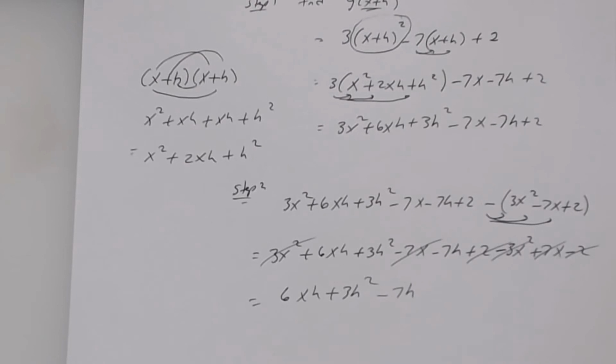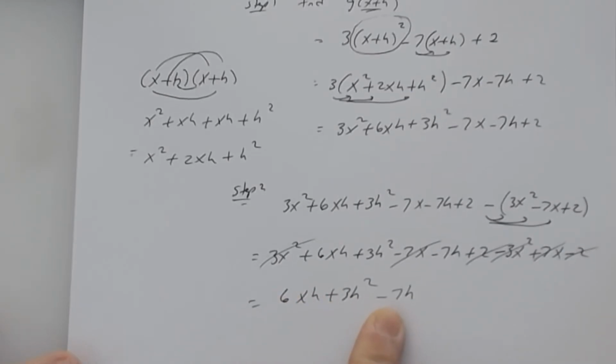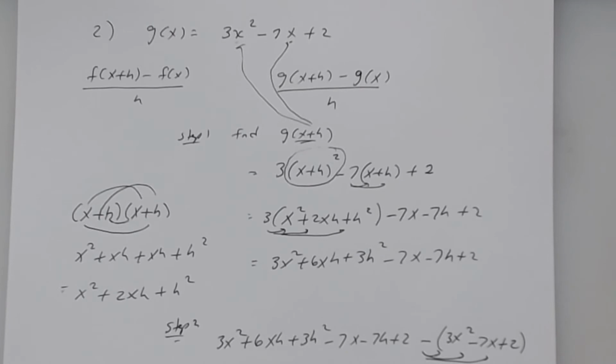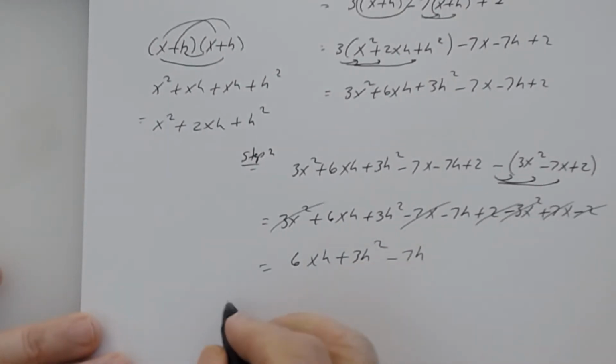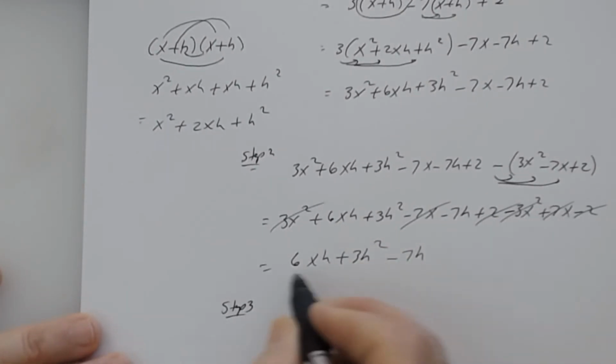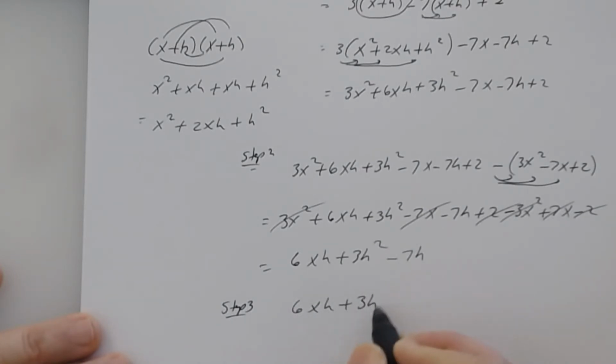Step 2. Now this expression right here represents what part of the difference quotient? The numerator. So step 3 is to take this numerator, 6xh plus 3h squared minus 7h, and then divide by what?